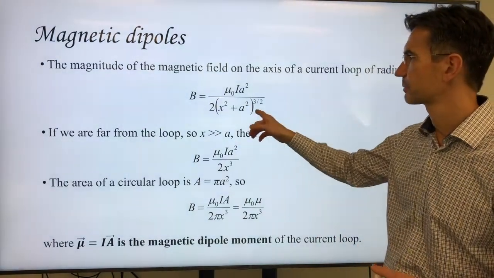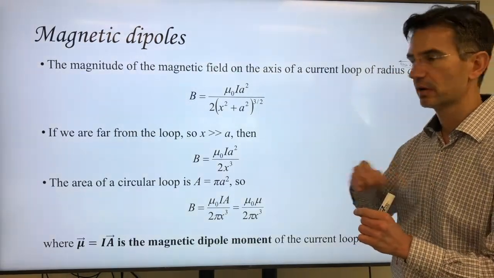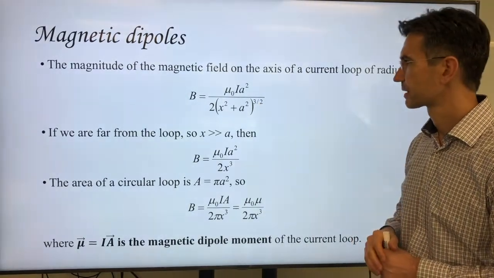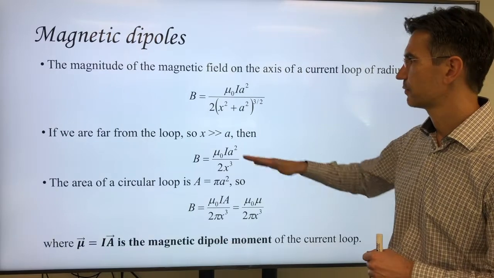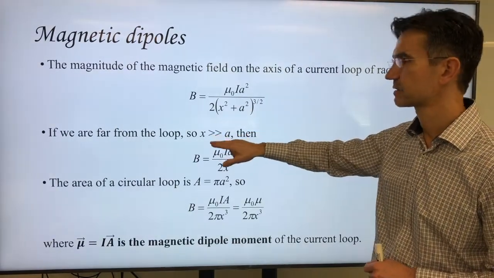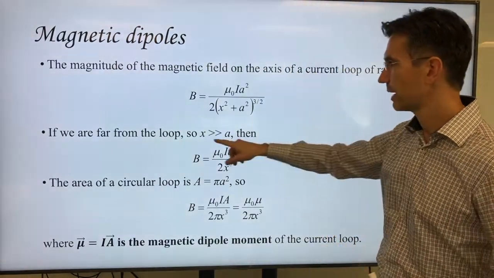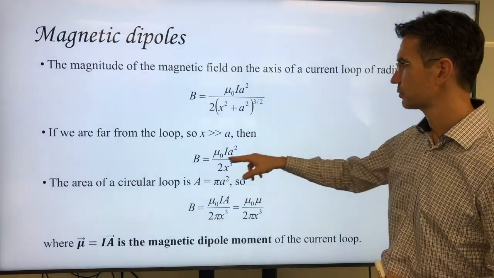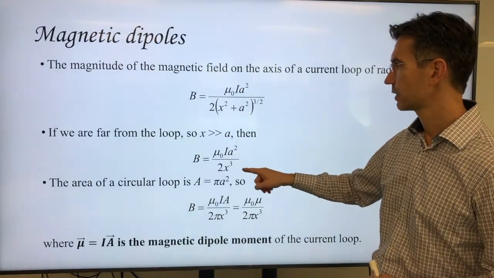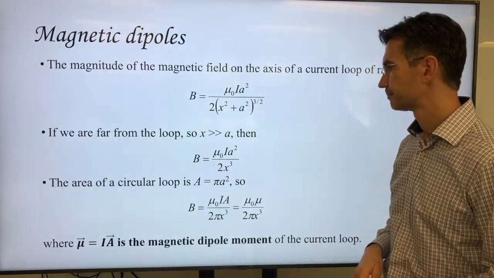and also inversely proportional to the distance from the rim of the loop to the power 3/2. So if we're very far away, where a here is the radius of the loop and x is distance on axis away from the center of the loop, if x is much greater than the radius of the loop, then this will simplify to mu naught I a squared over 2x cubed, because x is much greater than a.